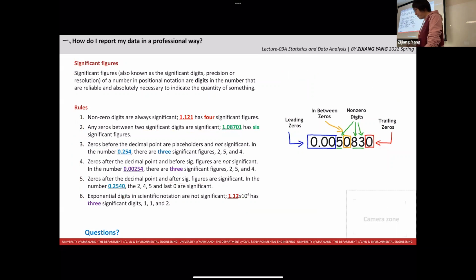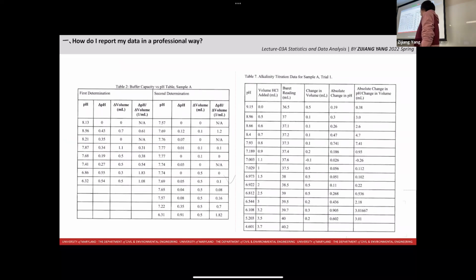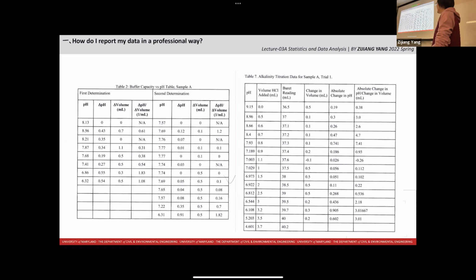Nope. Okay. Significant figures are important when we are reporting data. In this class, we are going to write homework, or traditionally, we will have lab reports. Here are two examples from different groups of previous students. For the first one, it looks relatively clean and tidy.